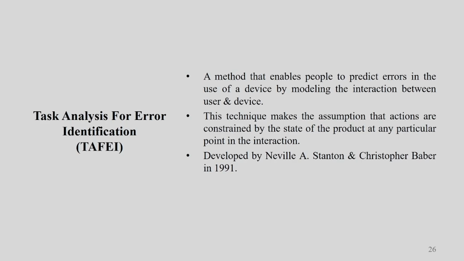This technique is not very old, as I mentioned earlier. In 1991 Stanton and Baber came out with this method. This technique makes the assumption that actions are constrained by the state of the product at any particular point in the interaction.